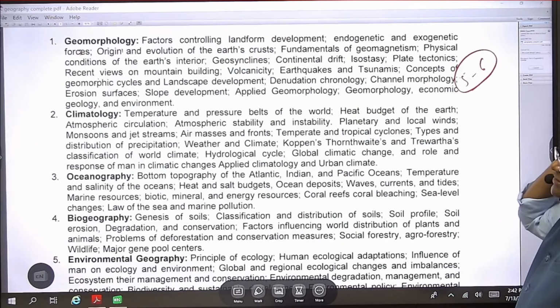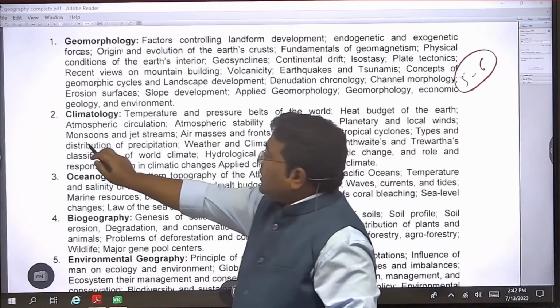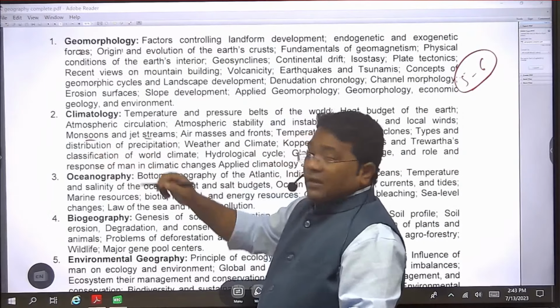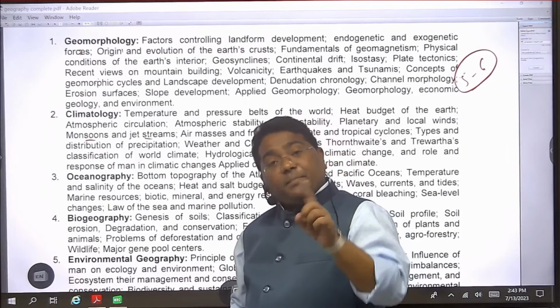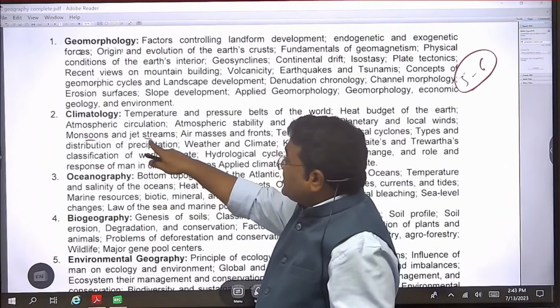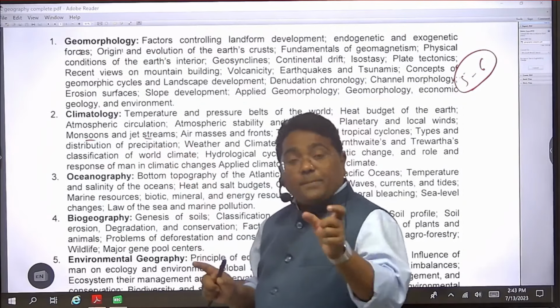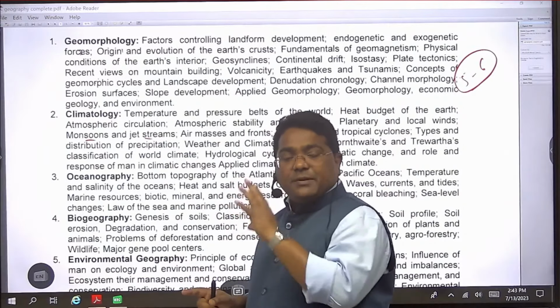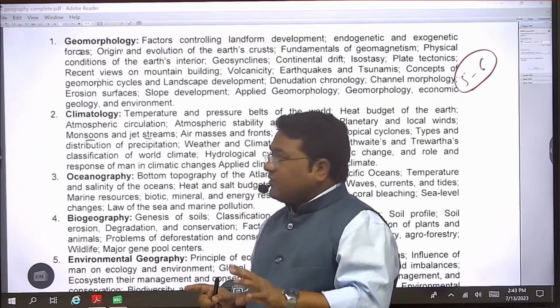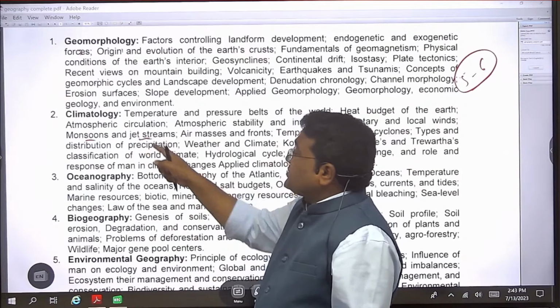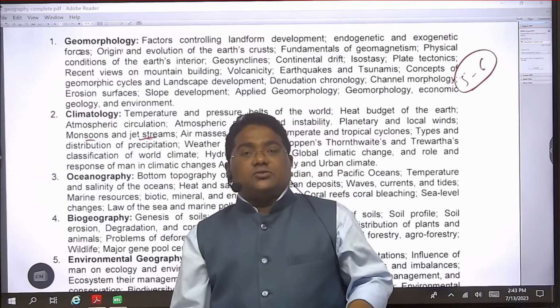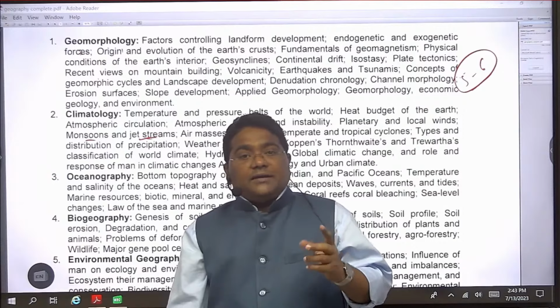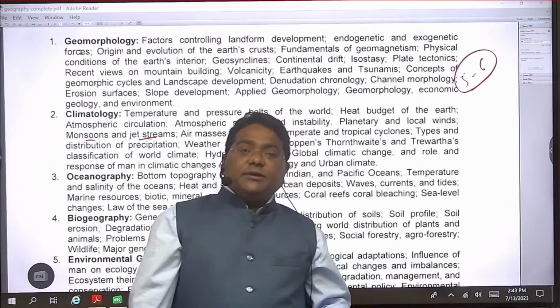And air mass, monsoon. This monsoon is in paper 1 as well as paper 2. Then mention jet streams. The jet stream topic was asked in GS1, and in the Mains GS paper, as well as in the optional also. Right? Jet streams. What is the jet stream here?